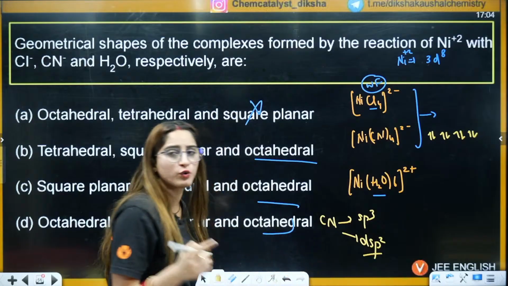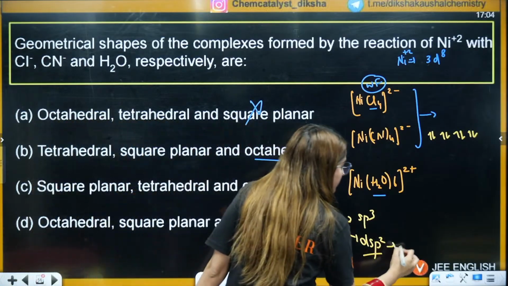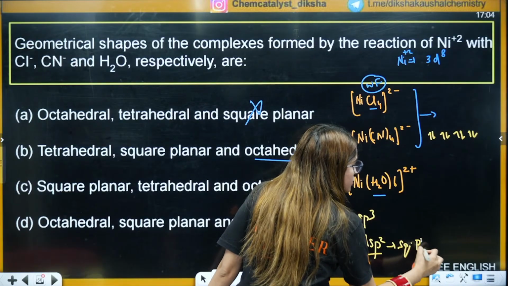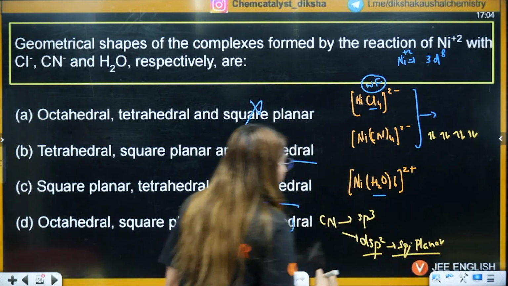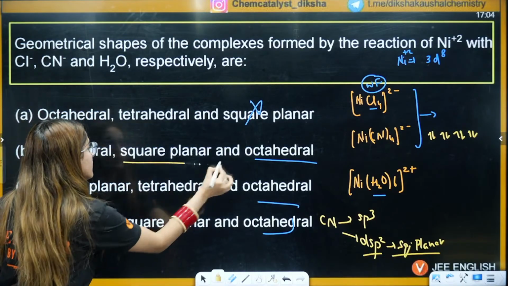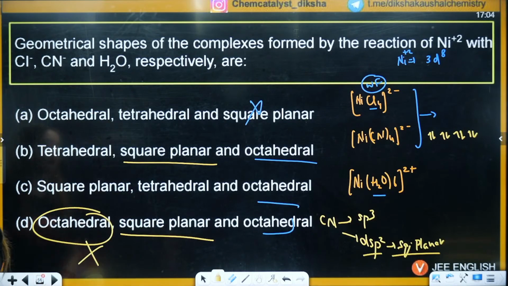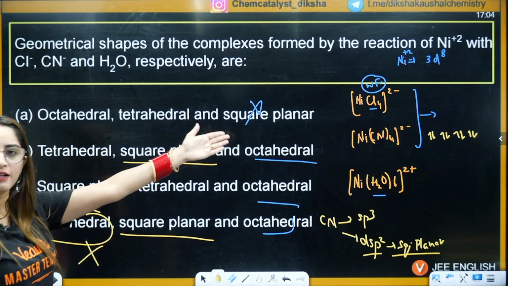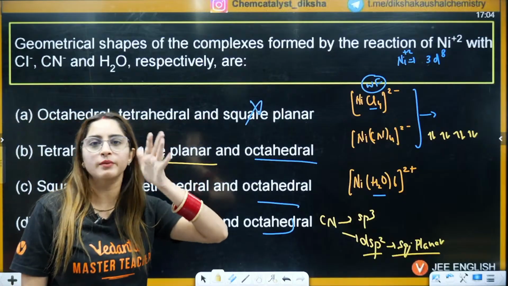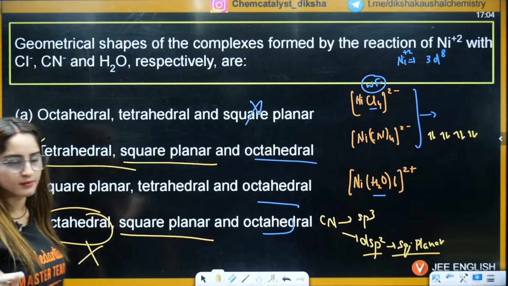So when you are left with only d, that means dsp2 will be the correct answer. dsp2 is nothing but square planar, right? So with CN, that is strong, it will be square planar. That is the correct one. This is not correct, because NiCl4, 4 coordination number can never be octahedral. So this is also eliminated. So answer will be B is the correct answer.